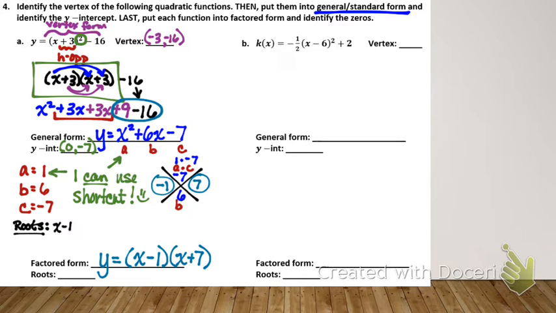So I have x minus 1 equals 0, and I have x plus 7 equals 0. So then on x minus 1 equals 0, I would add 1 to both sides. I get that x is +1. So that ordered pair would be +1, 0.